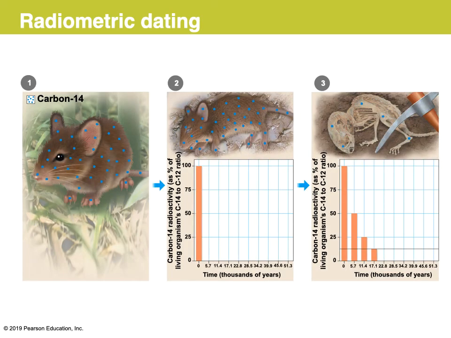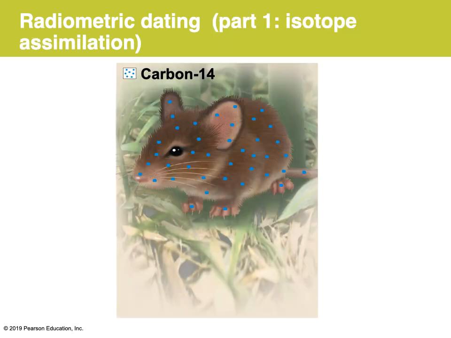So looking at something here, we have a little mouse which during its life is chock full of carbon-14, right? It's a type of carbon that has a few more neutrons than carbon-12. Well, once that mouse dies, that carbon-14 is going to degrade into carbon-12, right? So if you look at the bar on the left here, let me pop over to the bigger picture.